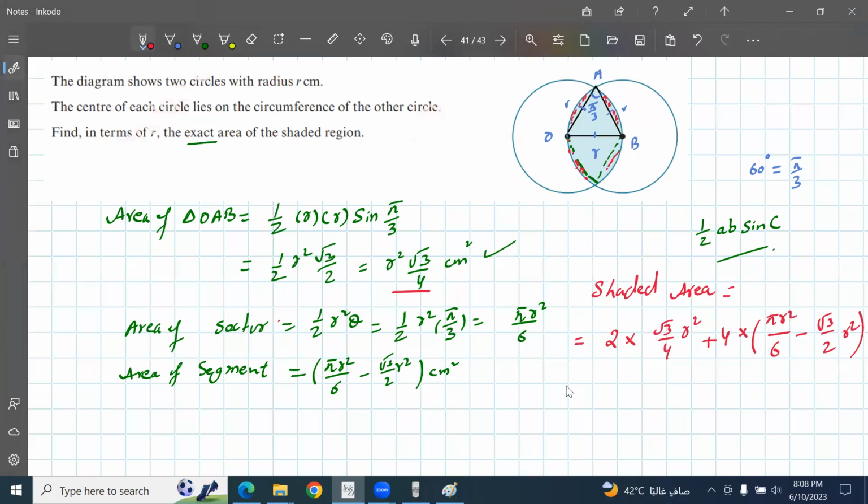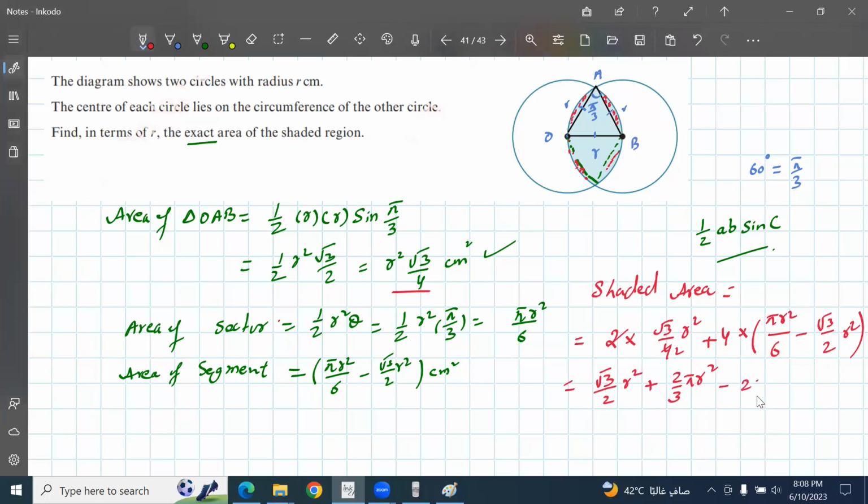Then you try to simplify a little bit if you can. So this 2 can cancel 4. So we have square root of 3 over 2 r squared. We can multiply 4 inside, and simplify also, like 4 and 6 can be divisible by 2. So we have 2 over 3 pi r squared.